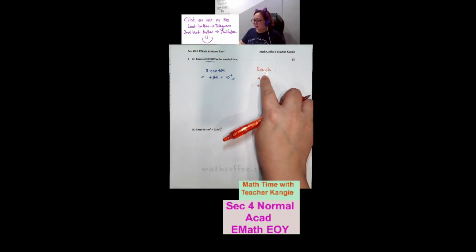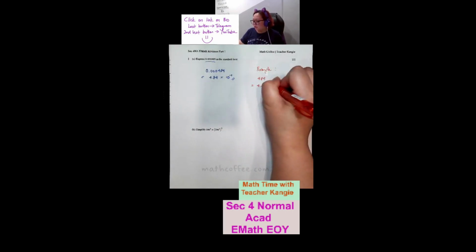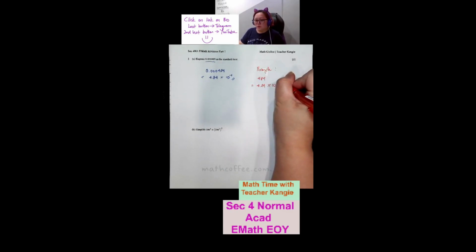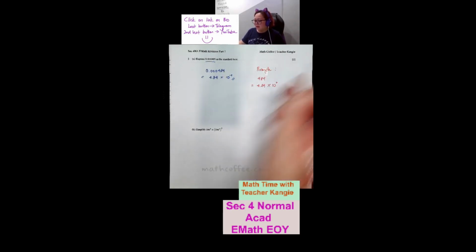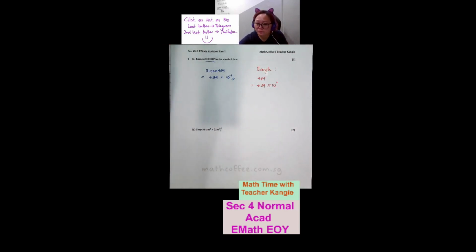So you see, big number becomes smaller. So this side, you know that you want it to become bigger. So if this one is to become bigger, we will have how many numbers here? Because decimal 4.89, decimal is here. So it's like 1, 2. So you know that you want it to be multiplied by 10 to the power of 2.